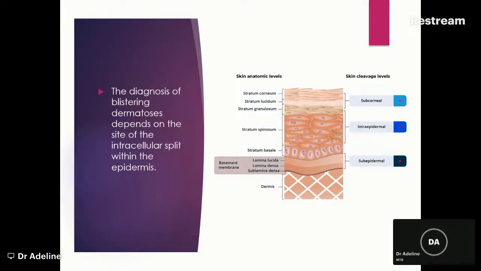For the epidermis, it's stratum basale, stratum spinosum, granulosum, lucidum, and corneum. The skin cleavage levels we can classify as subcorneal, which includes stratum corneum and lucidum, intraepidermal, which includes the rest of the epidermal layers, and subepidermal, which means just beneath the stratum basale, which mainly includes the basement membrane.